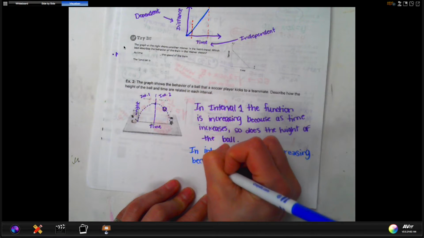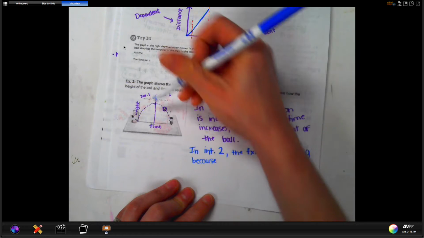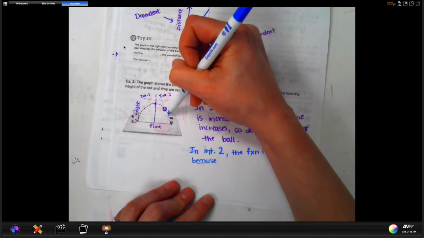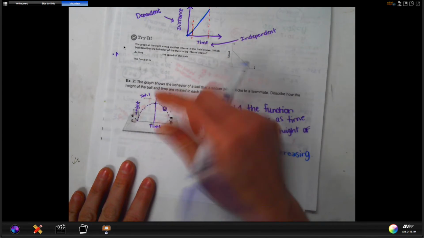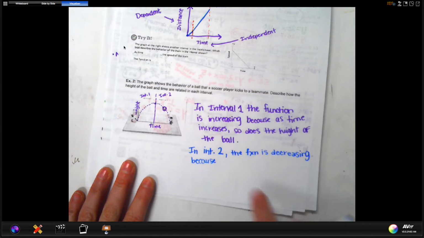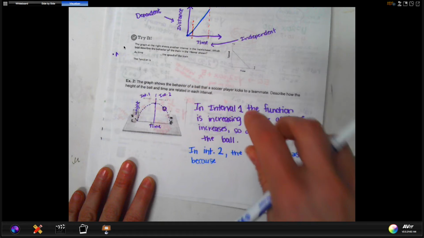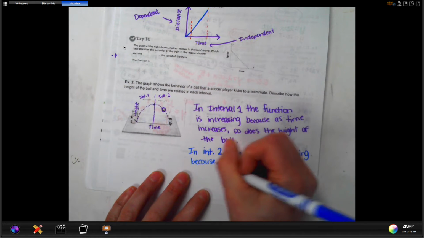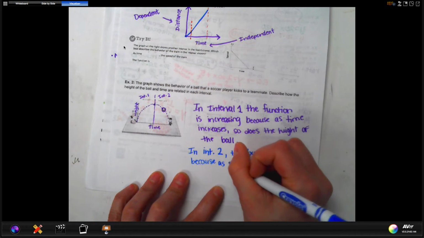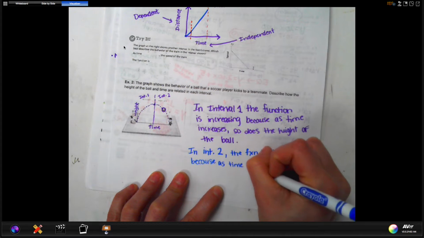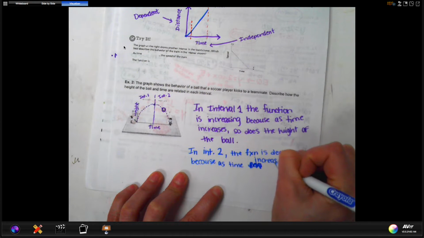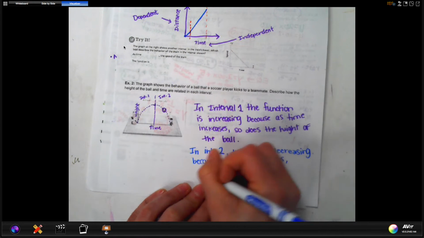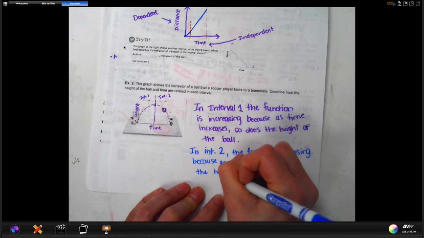If you look at it, we start here, the function is decreasing because as time is still increasing, going this way on time, the height of the ball decreases.